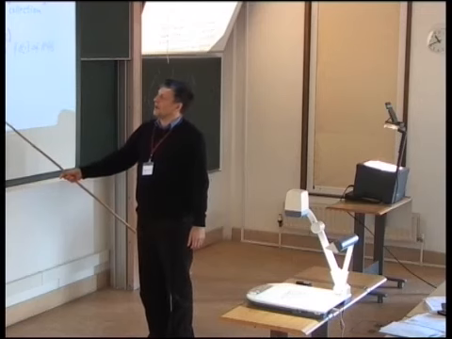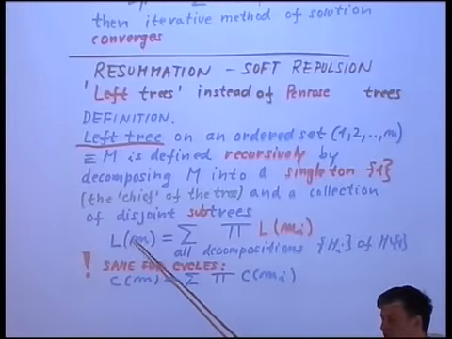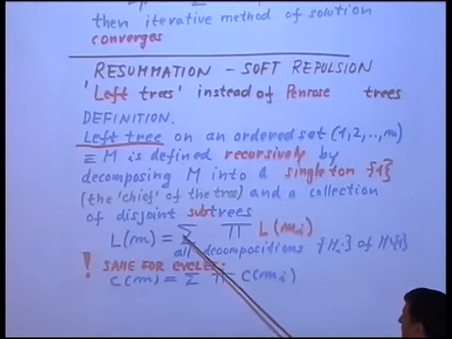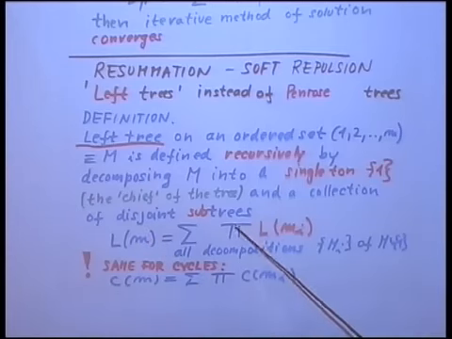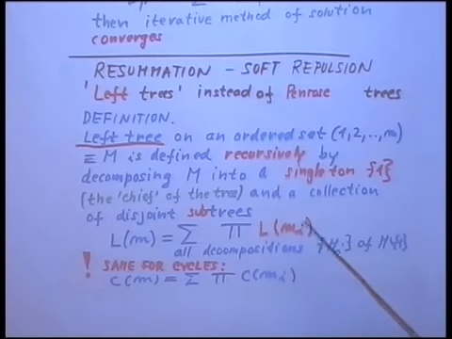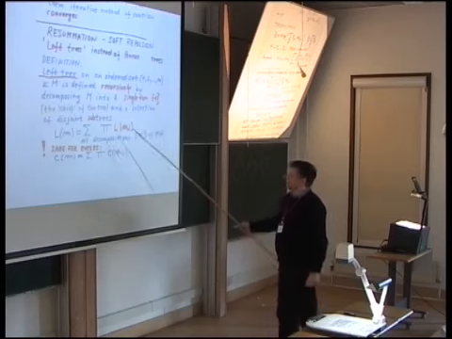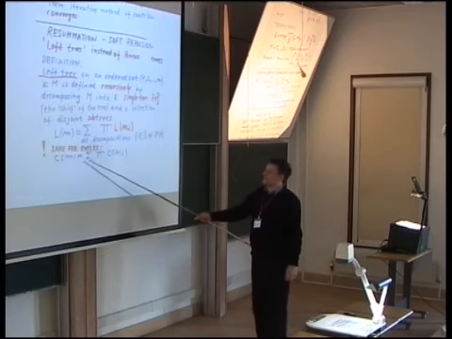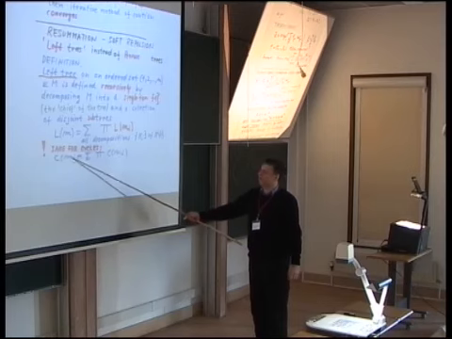If you denote by L the number of left trees on a set with cardinality m, then it satisfies a recursive equation: a sum over all decompositions such that the first point is a singleton, times the product of the numbers of left trees on the subsets. And what is funny, it is the same equation as for the number of cyclic permutations.